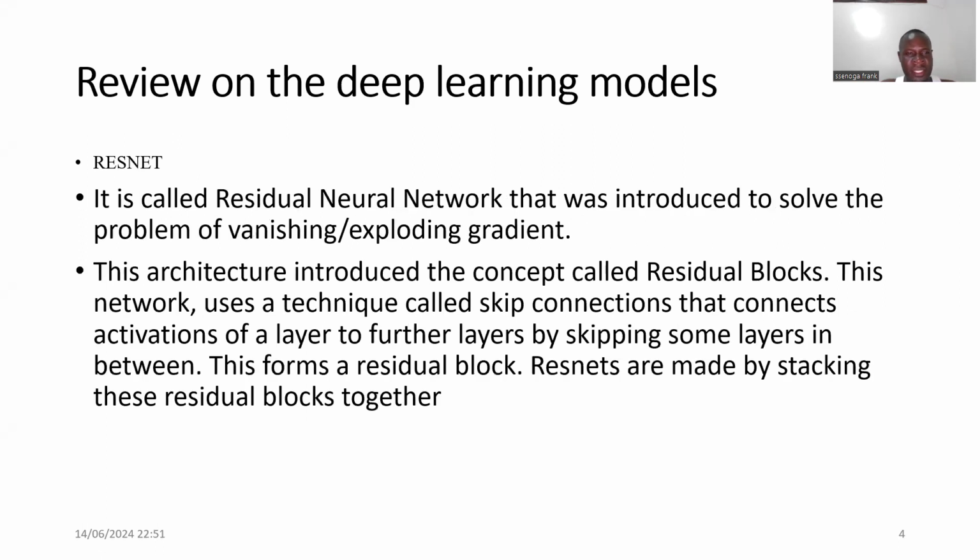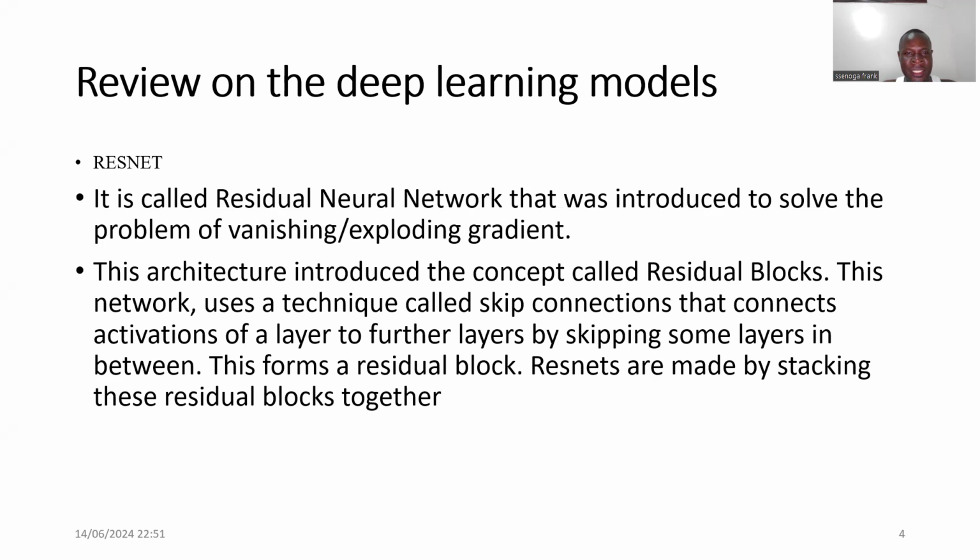Then there is ResNet. This is a residual neural network that was used to solve the problem of vanishing gradient due to its structure. This type of convolutional network has what we call skip connections and residual blocks that help to combat or eradicate the problem of vanishing gradient.